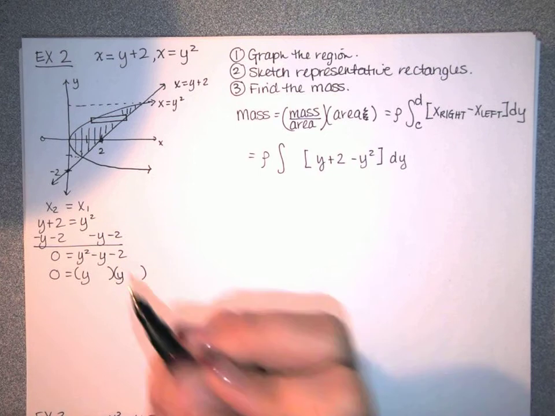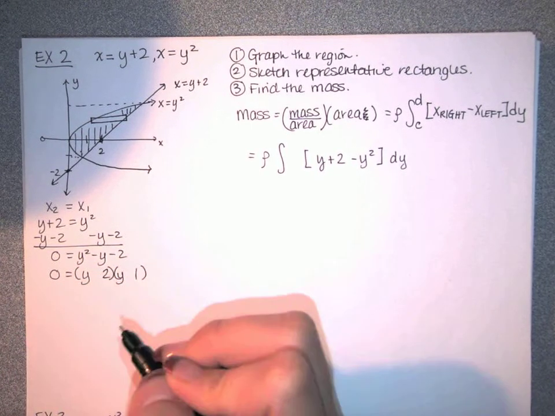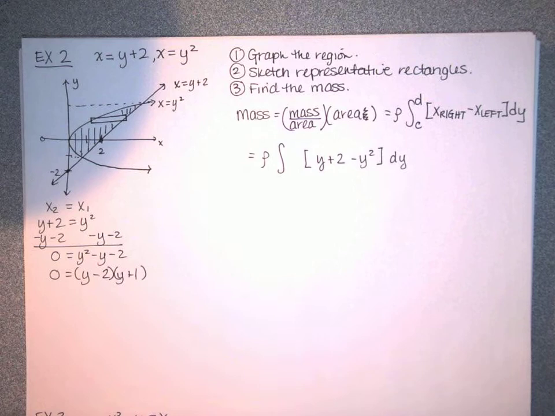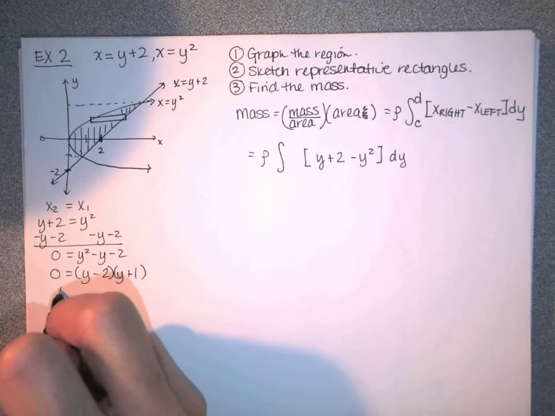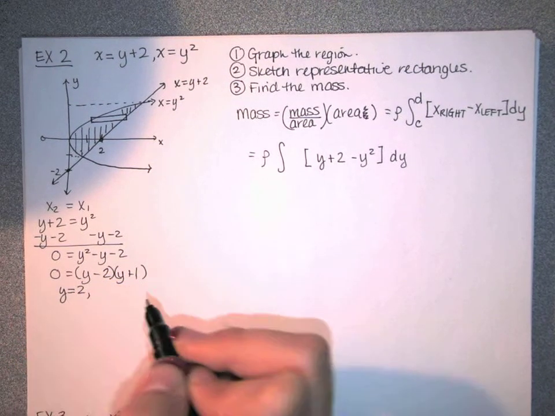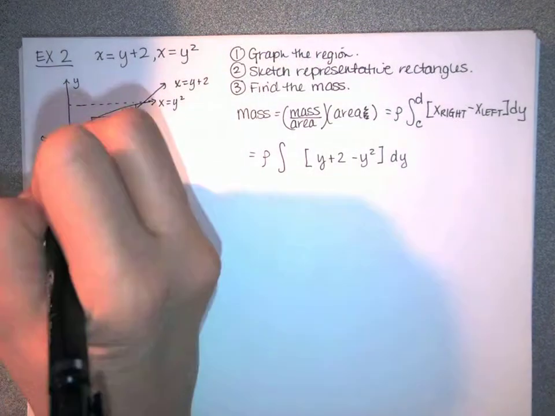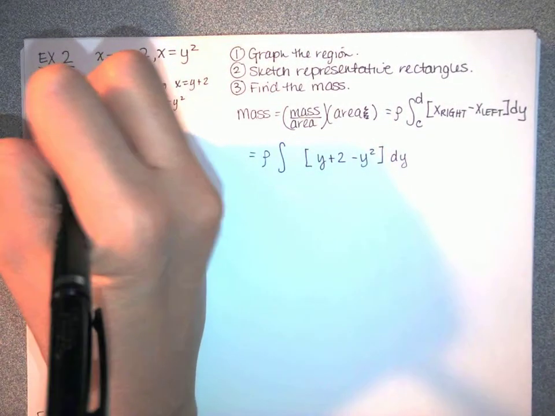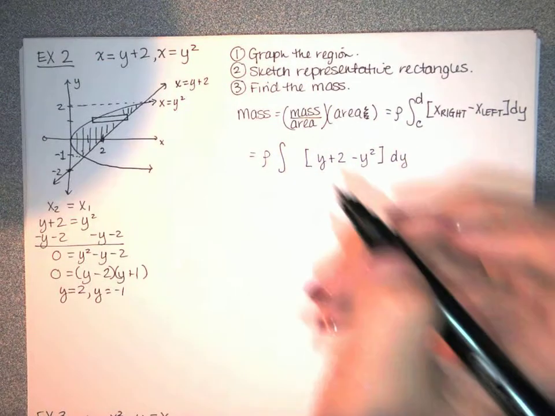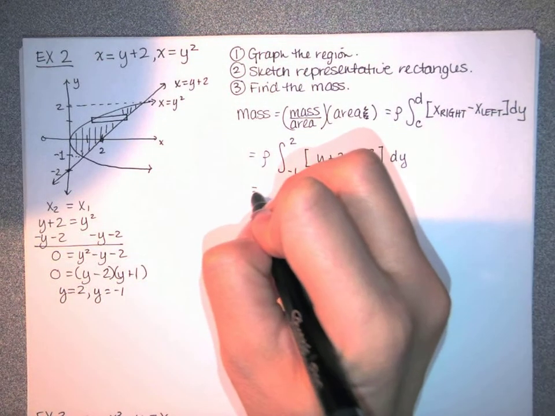I need two numbers that multiply to give me -2 that add to -1. 2 and 1 will work if 2 is negative and 1 is positive. So it looks like this is 0 when y minus 2 is 0, so y equals 2, or when y plus 1 is 0, so y is -1. So that's -1, and that is 2. All right, so we're integrating from -1 to 2. That's easy enough.